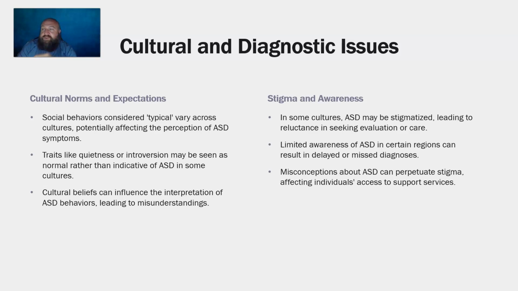This is important to note because so much of ASD and the criteria talks about social interactions and what's considered typical or appropriate social interactions. The problem with this is that when you're trying to determine if a child is typical for their social interactions or not, you also have to factor in that element of culture.